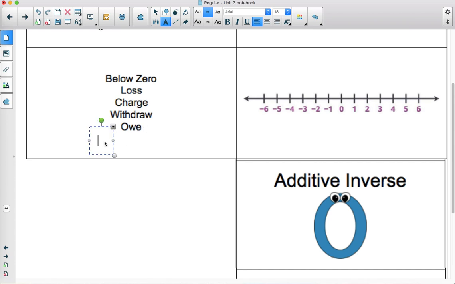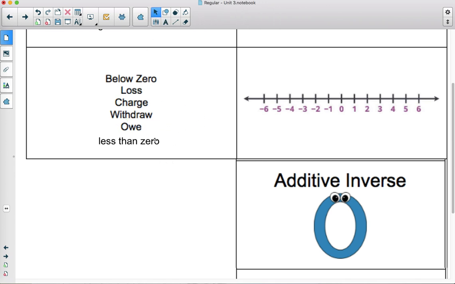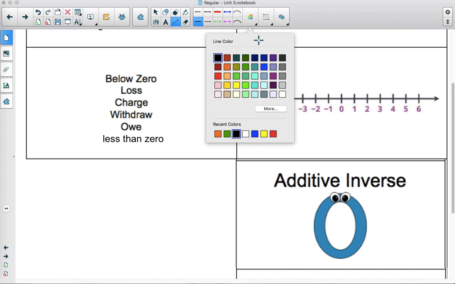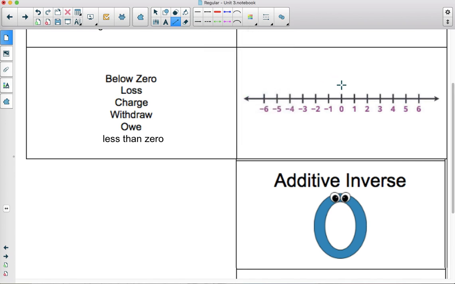And then we're also going to put in here less than zero. Again, the same as below zero, just another way that you'll hear and see it throughout this unit, less than zero. So on a number line, numbers that are less than zero are going to be any of these numbers that are to the left.